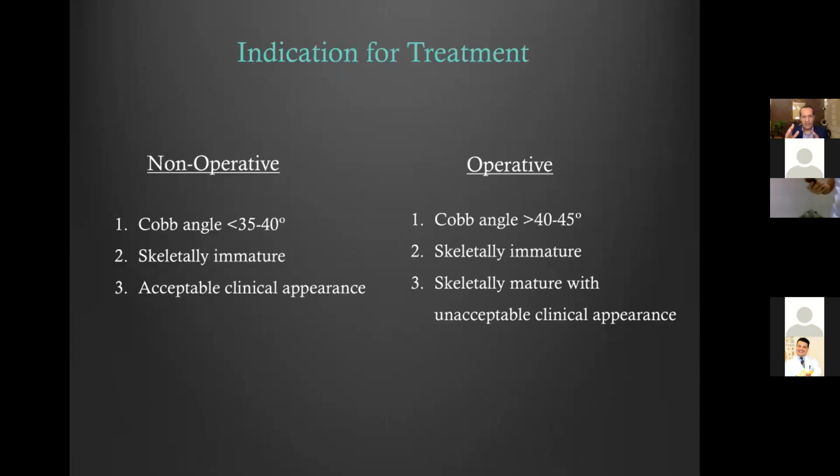Then we can determine the treatment, whether it is non-operative or operative. In general, any Cobb angle below 35 degrees in a skeletally immature patient with acceptable clinical appearance, we do non-operative treatment.